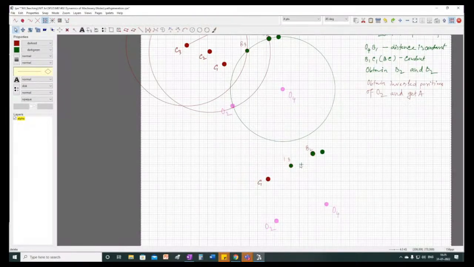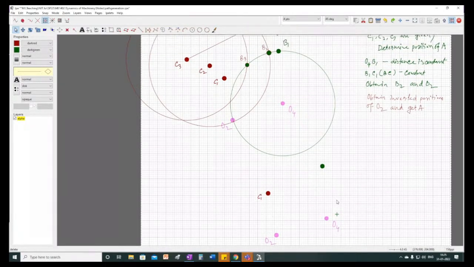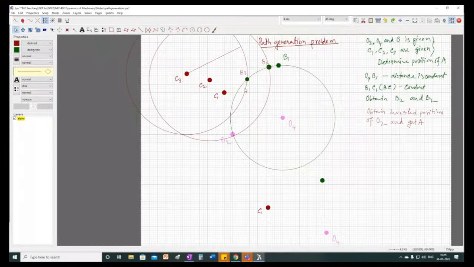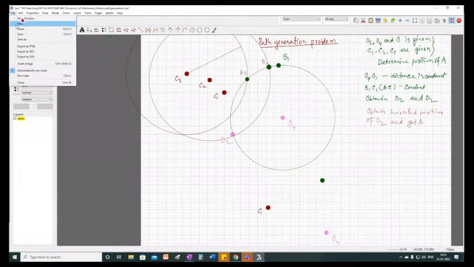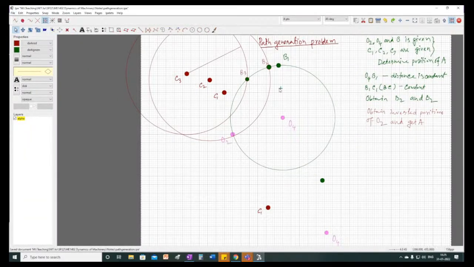This is not required actually here. I have just kept the first position. Now we will copy one by one the second and third position from here, and then we will place it there.